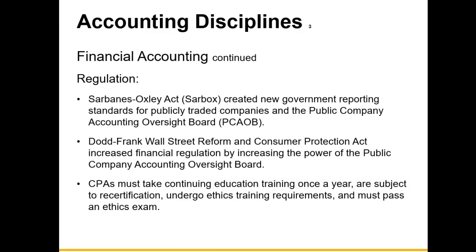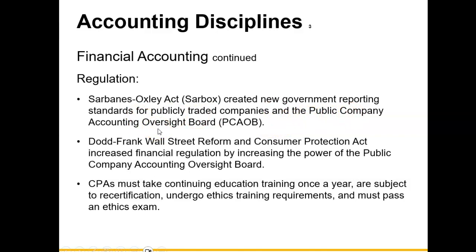upon that information. So there's an act called the Sarbanes-Oxley Act that was passed in 2002 that created new government reporting standards for publicly traded companies. So again, if a company trades its stock on an open stock exchange market, it's known as a publicly traded company, and it has to meet some requirements set forth by the PCAOB, which I sometimes call Peekaboo, the Public Company Accounting Oversight Board.